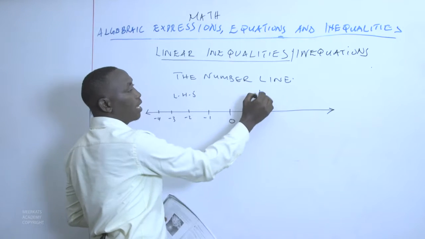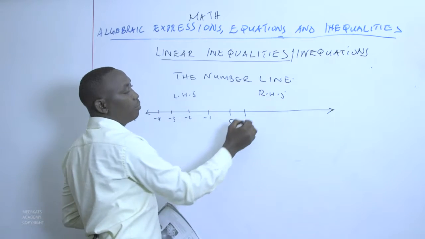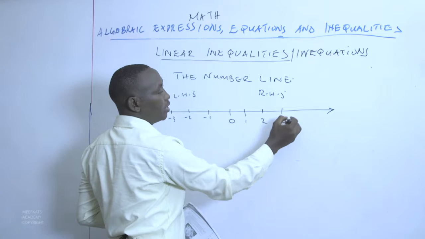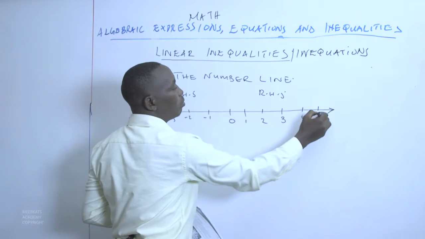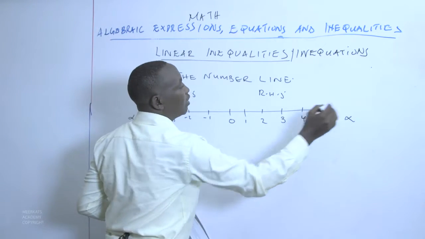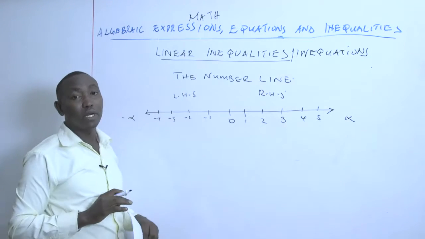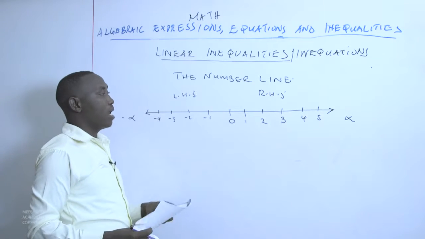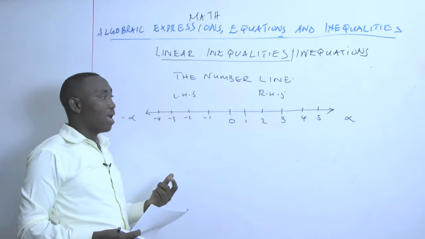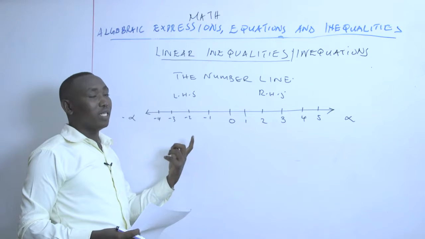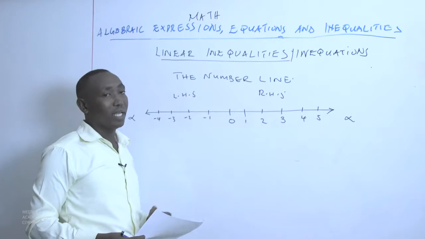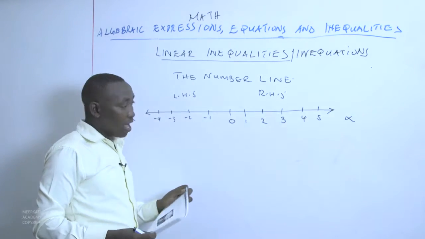Then on the right-hand side, we have positive integers, +1, +2, +3, +4, +5, as it continues up to positive infinity. Now this is a simple number line, and we have said it consists of integers both negative and positive, and 0 is included.